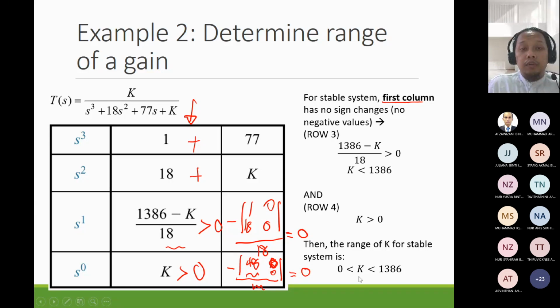So when you tune the value of K, you must make sure that K cannot be negative or exceed 1386. It must be within these two values. Okay, so that's how you use the Routh criteria to find the range of K, or the range of the gain, for a stable system.